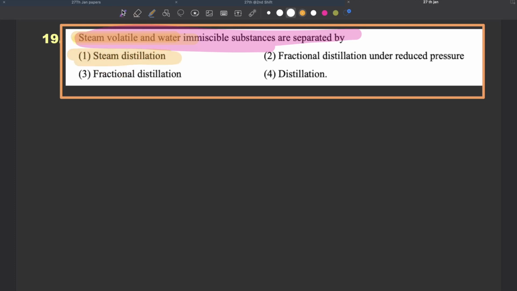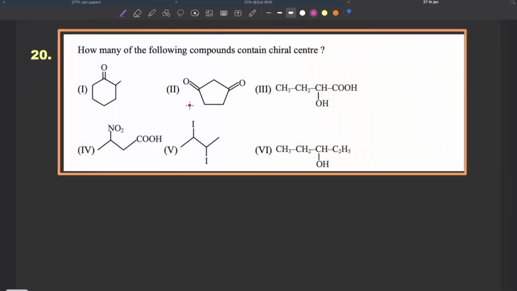So the answer for this question should be the first option, right. The compounds which are unstable when they are heated, steam is used to convert them into vapors. So option 1 is the right answer for this question.